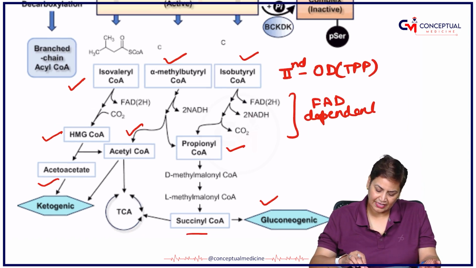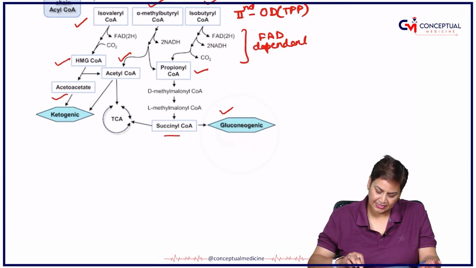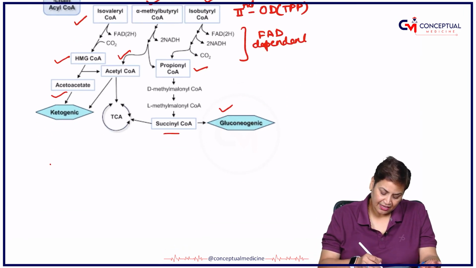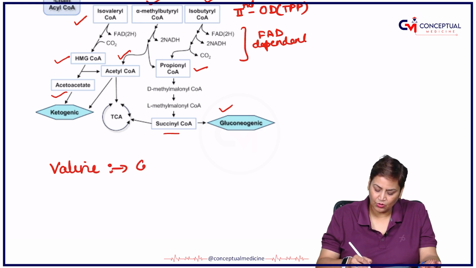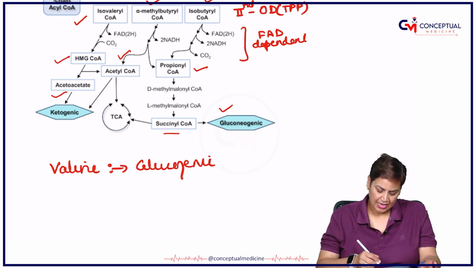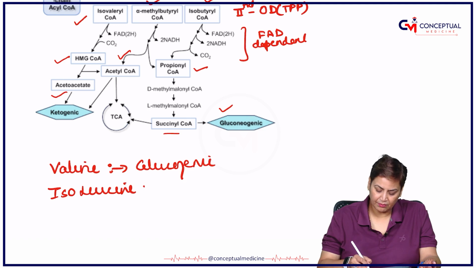And that is why, if I have to summarize this, I can simply say that valine is strictly glucogenic in action. Always remember. Isoleucine is both.